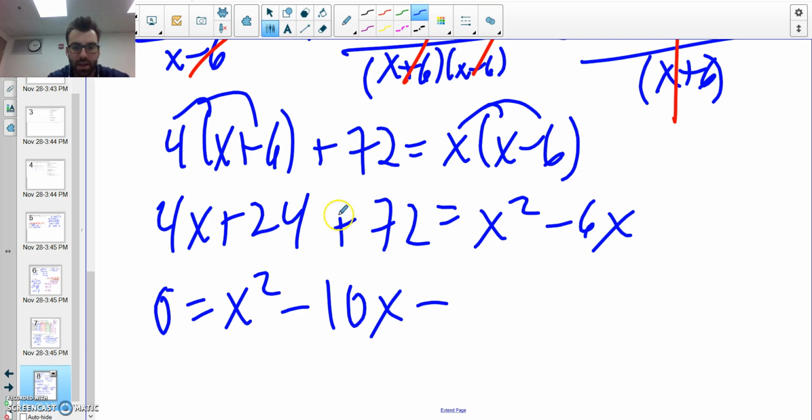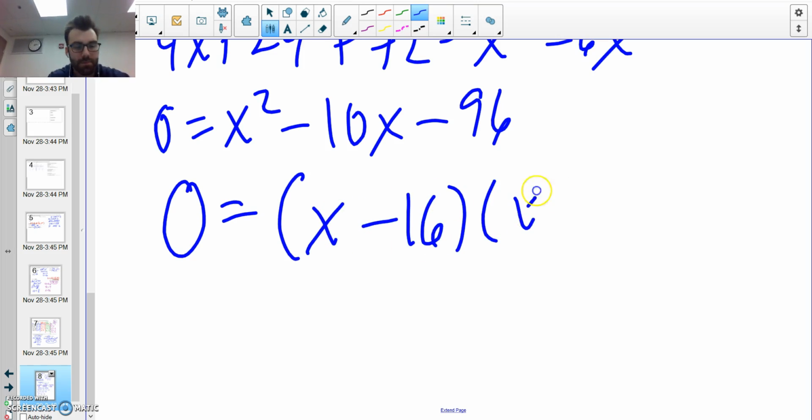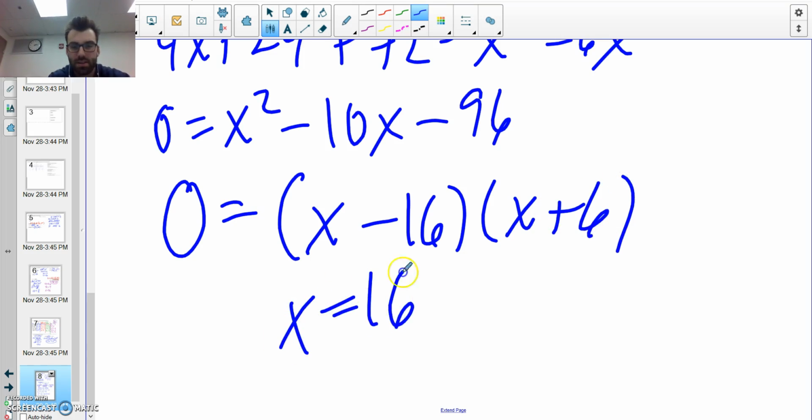If I add these two together, I get 96 minus 96. Factors of 96 that'll add to give me -10, x minus 16, x plus 6. So x equals 16, and x equals -6.